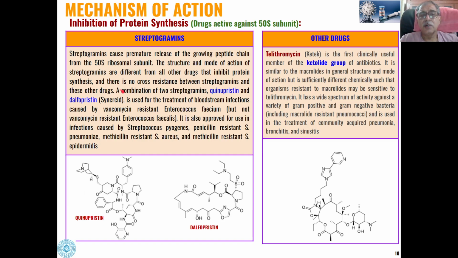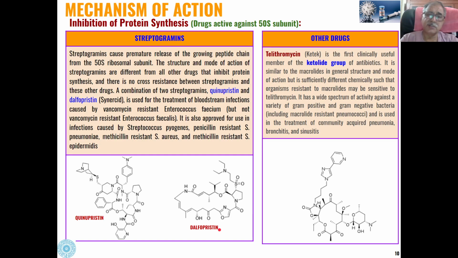So here the combination of streptogramins are given for different types of infections. For example, the commonly given streptogramins are quinupristin and dalfopristin, a combination of these two.